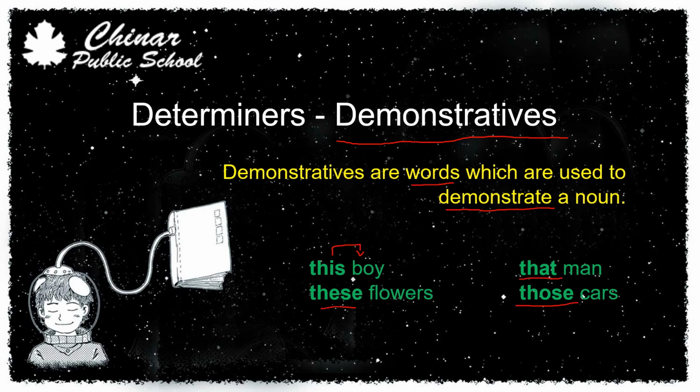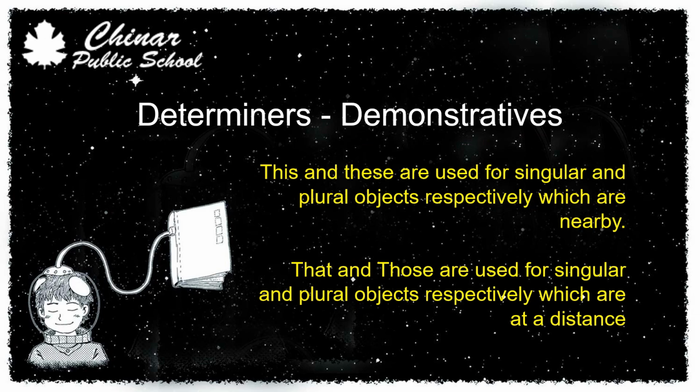Now this and these are the demonstratives which are used for singular and plural objects respectively, which are nearby. That means this is used for singular and these is used for plural objects. This man, this boy, this girl, this child who is standing near me, this man who is sitting beside me. We use words like this in such sentences.